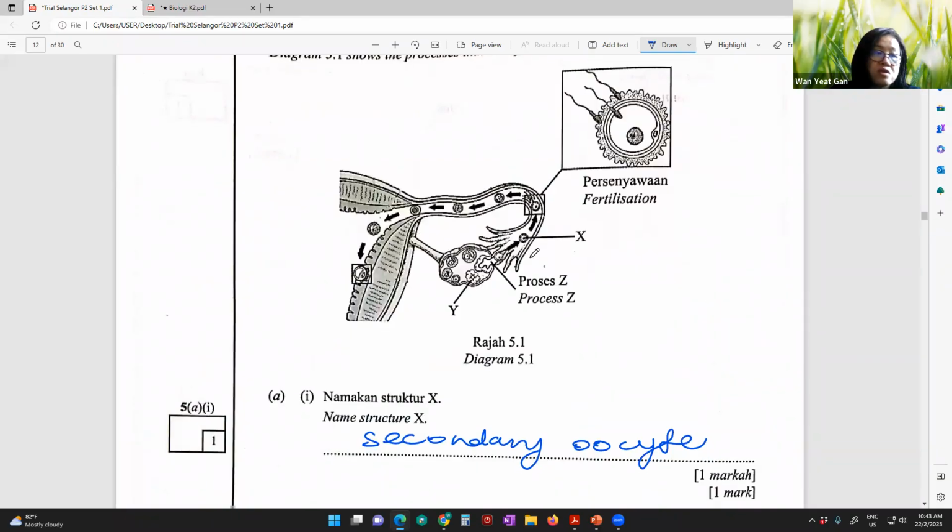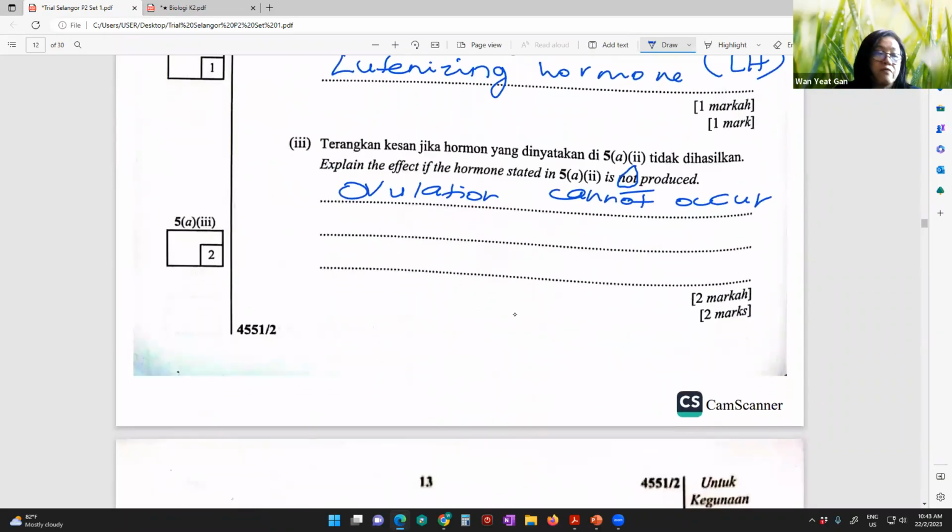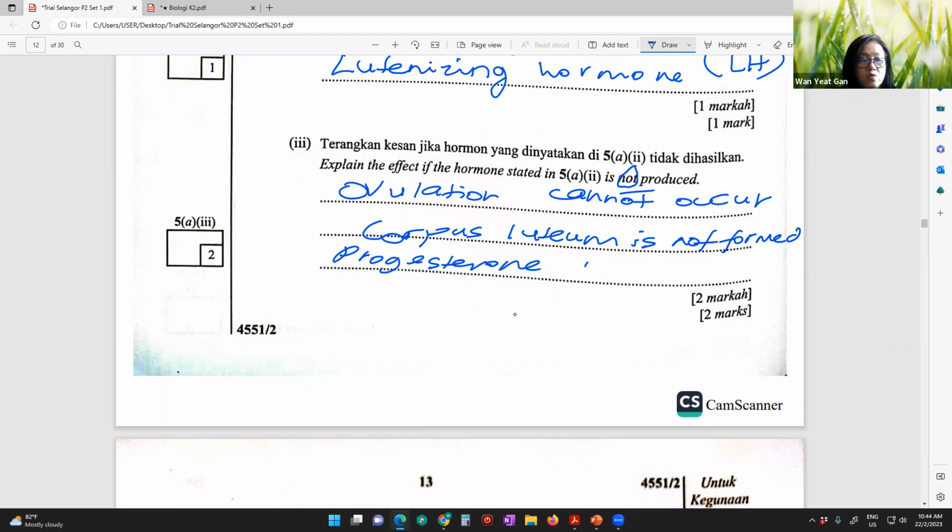So if ovulation does not occur, corpus luteum also will not be formed. And if there is no corpus luteum, therefore progesterone, which is secreted by corpus luteum, will also not be secreted.